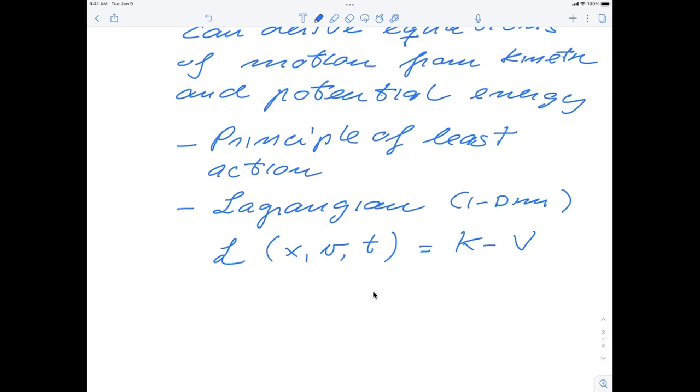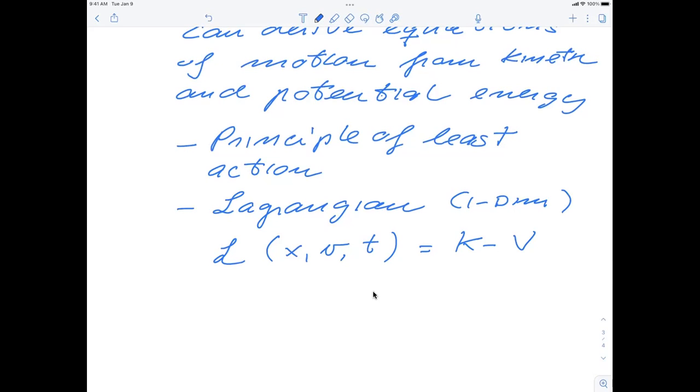So now I'm just asking you to accept it, and we are going to use it. Then, from this principle of least action, we can derive something which are called the Euler-Lagrange equations. And these are the equations which are going to give us the equations of motion.